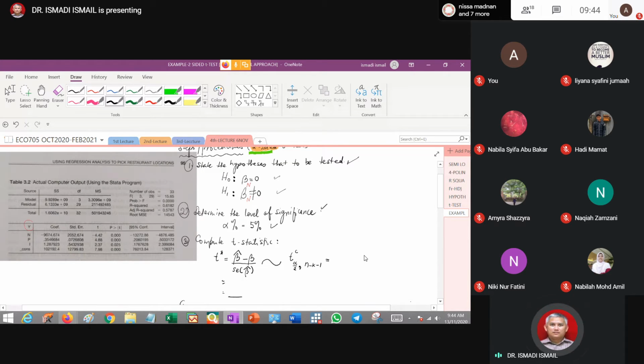compute the t statistic: beta hat with subscript n minus beta n, the true coefficient, over the standard error of estimated beta with subscript n.